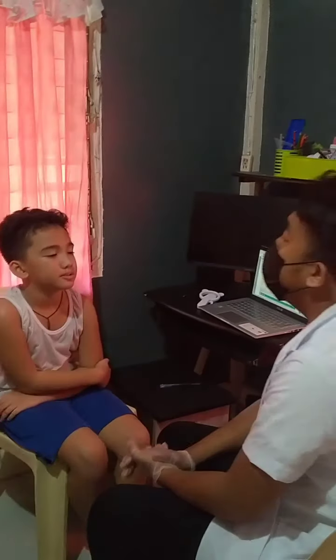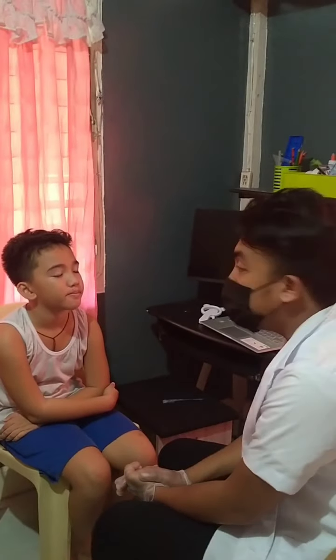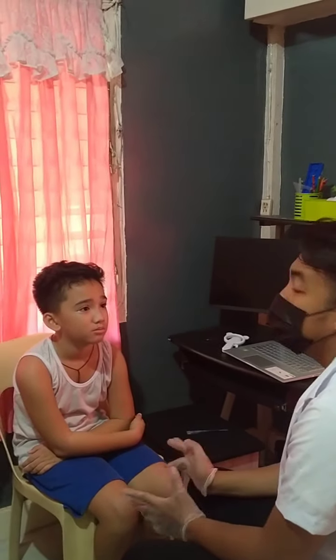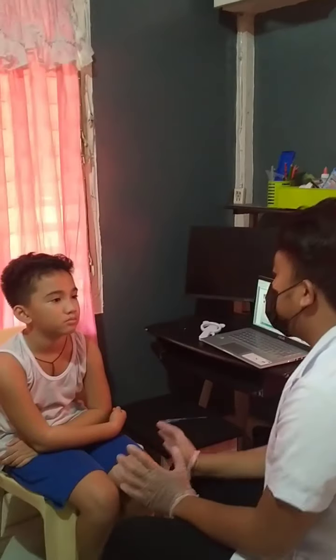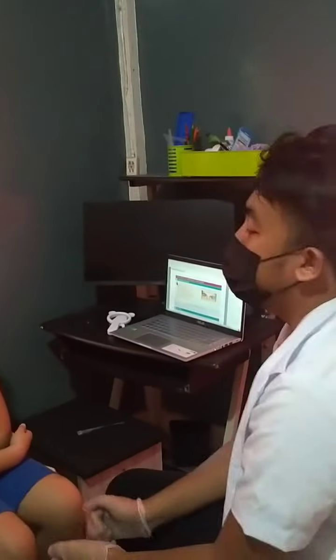The next thing we'll do is inspect the patient's iris. So the color of the patient's iris is brown, its shape is circular, and it is bilaterally equal in size. Then the next thing we'll do is assess the patient's pupil.